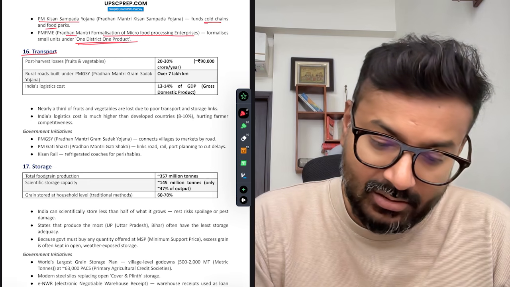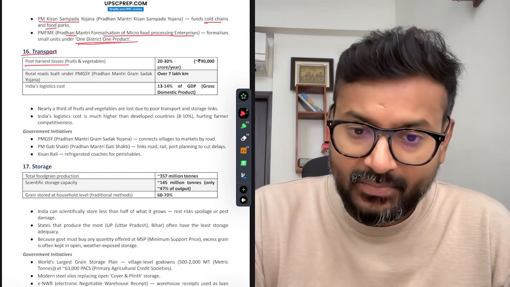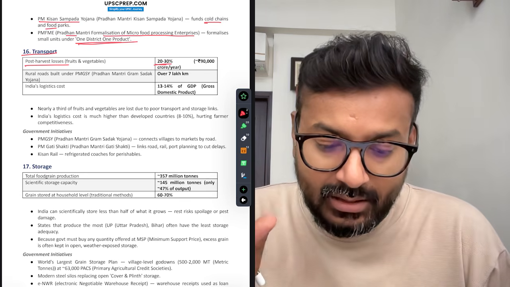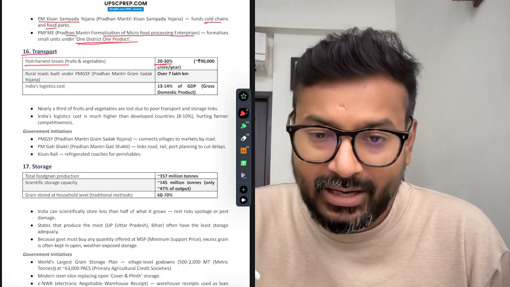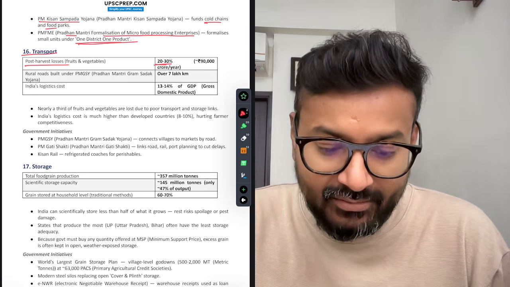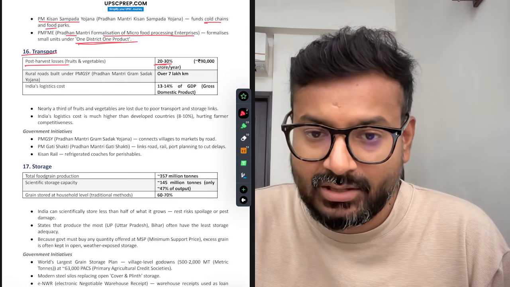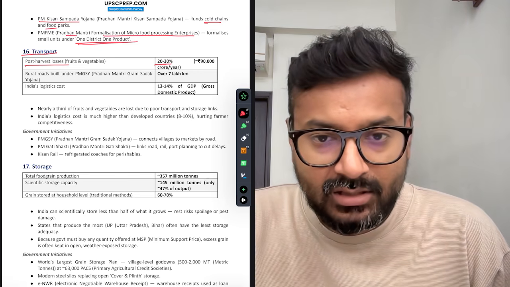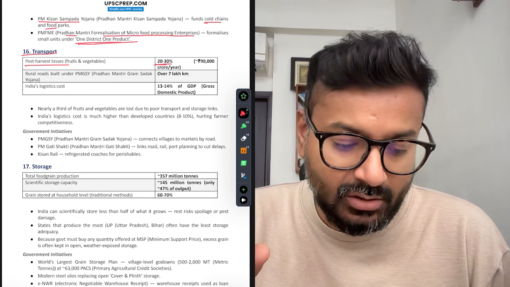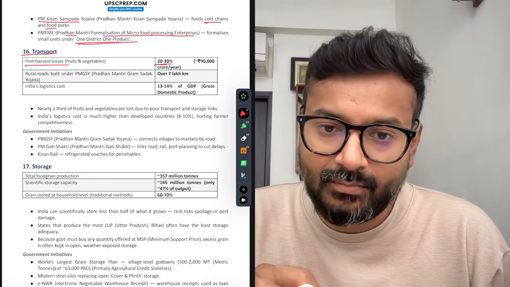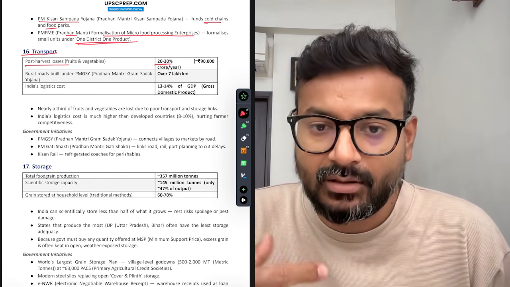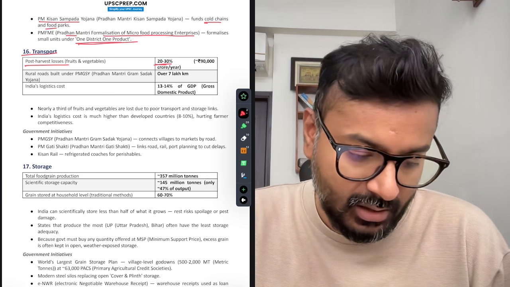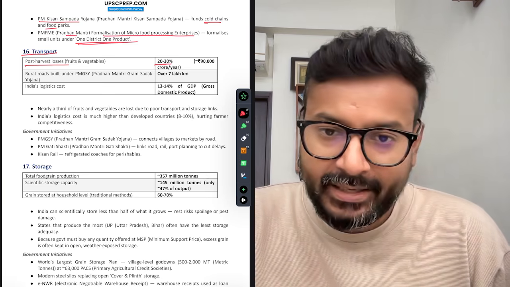The post-harvest losses are 20 to 30%. So we are losing value of around 90,000 crore every year just because of post-harvest losses. We do not have sufficient infrastructure and logistics to ensure that the crops are not getting spoiled, or getting rotten, or being eaten by rodents.